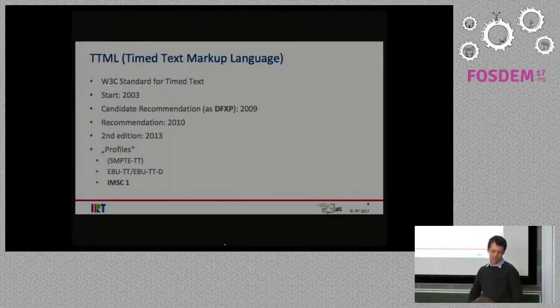The major milestone for TTML was 2009 when it was published as candidate recommendation, at that time still as DFXP, and some of you may know that acronym. Unfortunately, they changed it when it reached final recommendation to TTML, and still some people do not make the link between DFXP and TTML, but if you see DFXP, this is TTML.